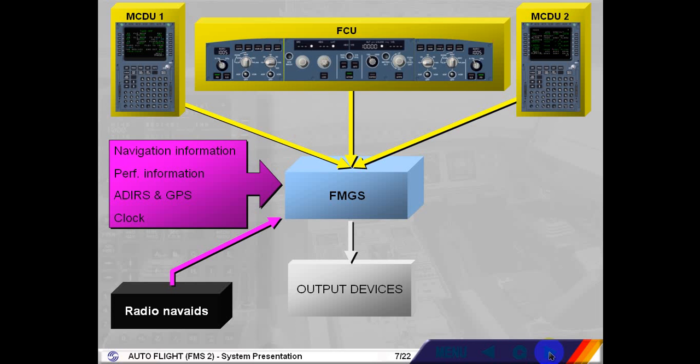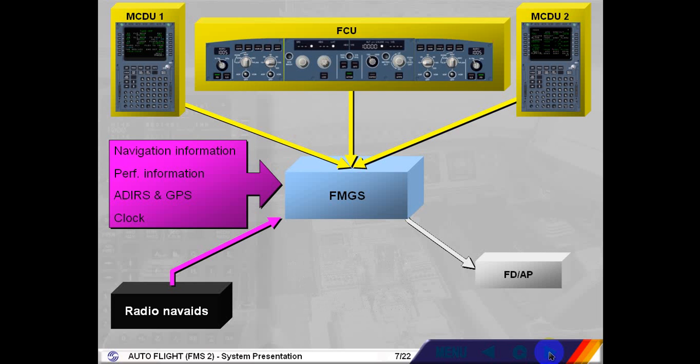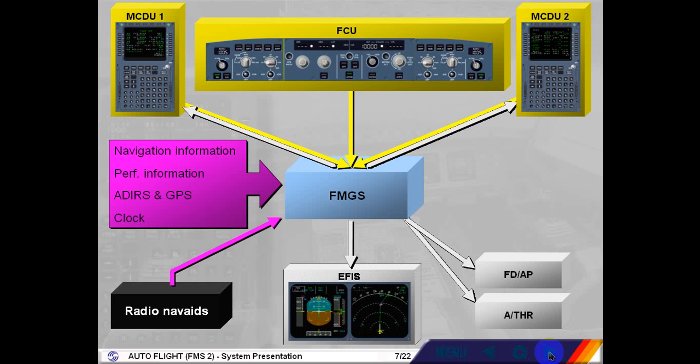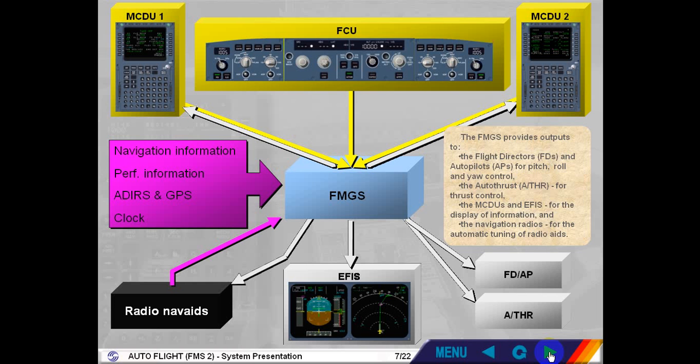The FMGS provides outputs to the flight directors, FDs, and autopilots, APs, for pitch, roll and yaw control, the autothrust, ATHR, for thrust control, the MCDUs and EFIS for the display of information, and the navigation radios for the automatic tuning of radio aids.